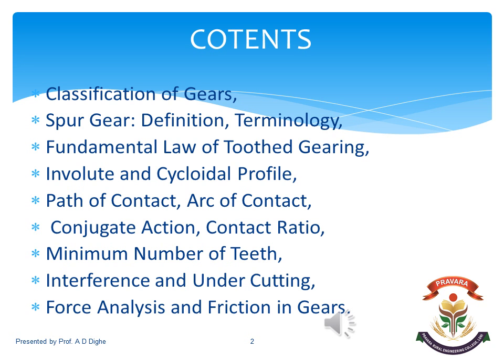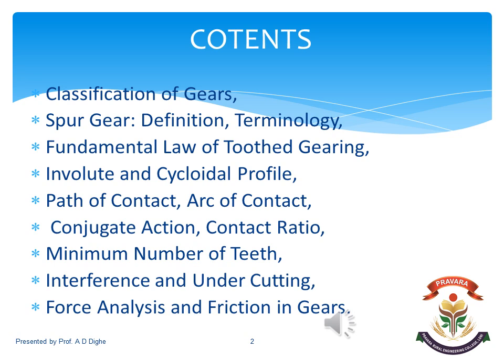Now, let us see what the contents of this unit are. The first is classification of gears. Second is the basics of spur gear, that is definition and its terminology. Next is the fundamental law of tooth gearing, then involute and cycloidal profile.